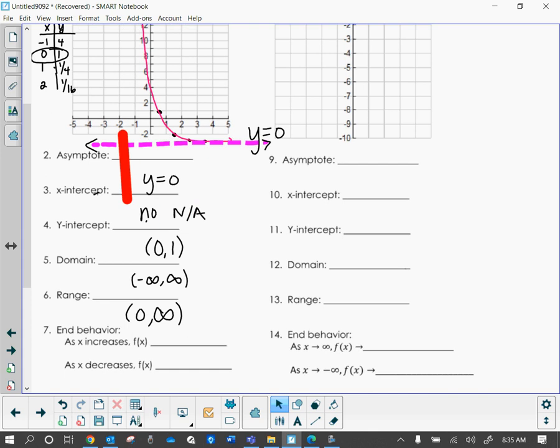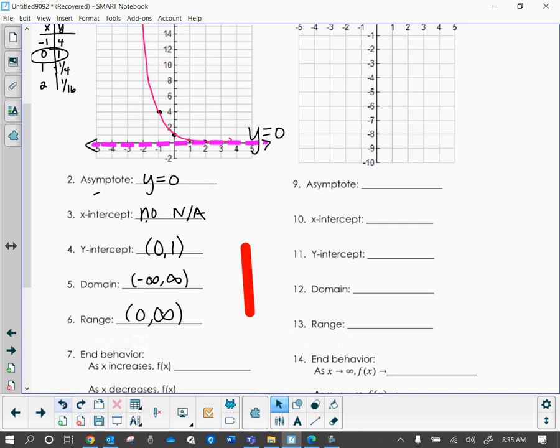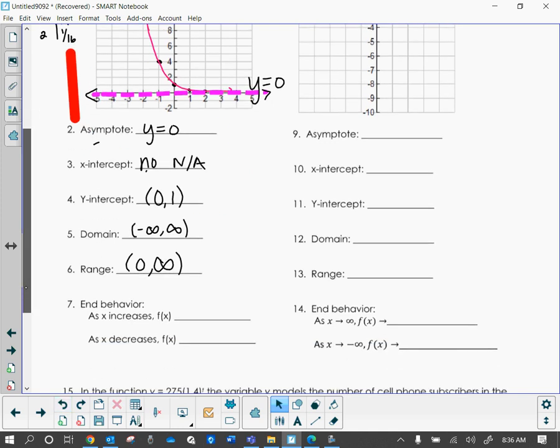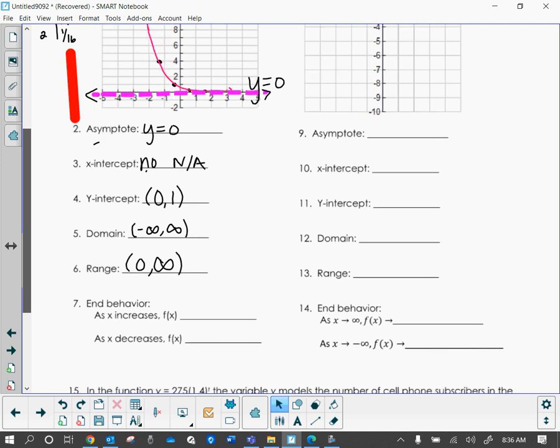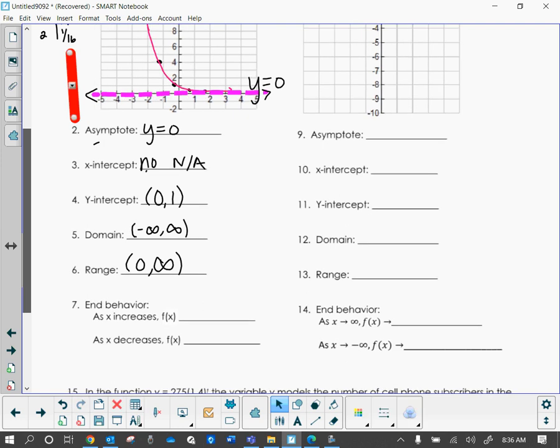Okay. Hold on. If you think about the end behavior here, it reads, as x increases, as we're moving this way on the x-axis, what is the graph doing?